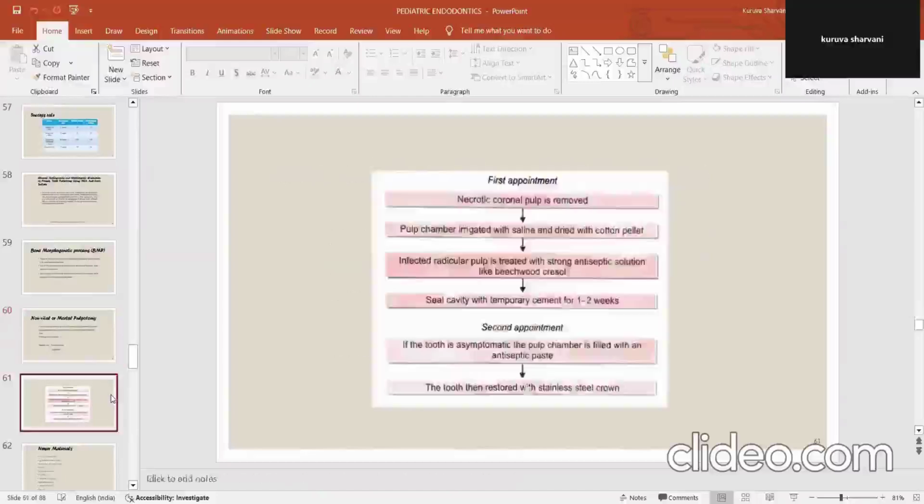Here, the necrotic coronal pulp is removed. The pulp chamber is irrigated with saline and then dried with a cotton pellet. The infected radicular pulp is treated with the cresol. You are going to place the temporary cement for 1 to 2 weeks, followed by, in the second appointment, removal of temporary cement, followed by a stainless steel crown.